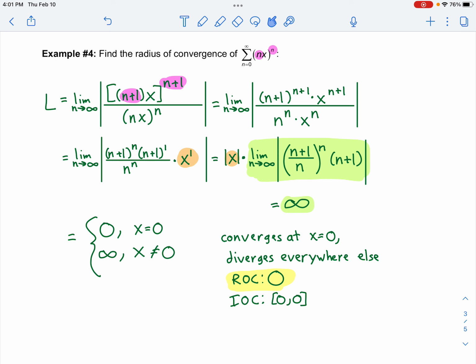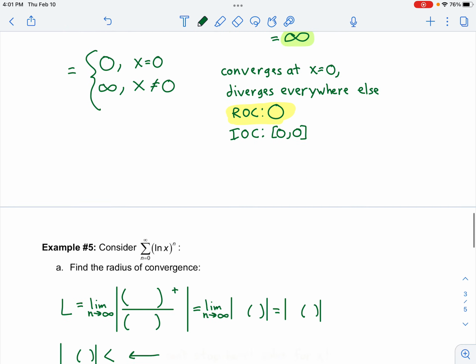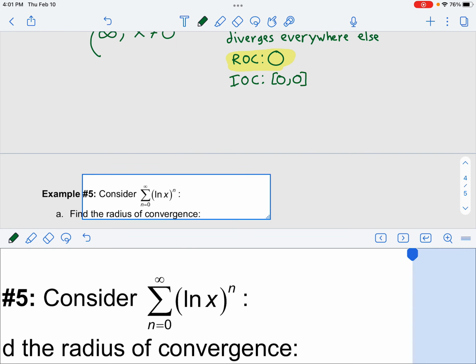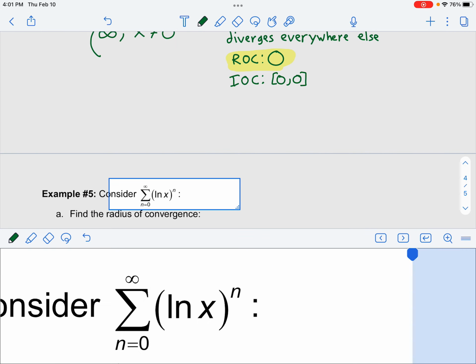Let's go ahead and take a look at our very last example. Example 5 asks us to consider this series, n is equal to 0 going to infinity, summation of the quantity natural log of x to the n. So what's going on here?